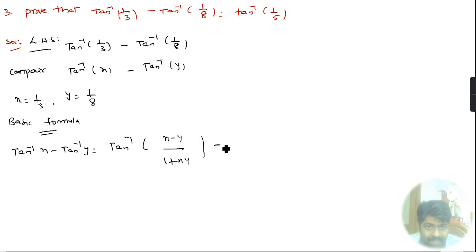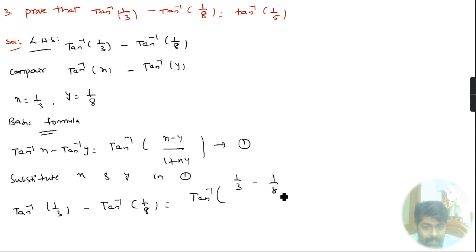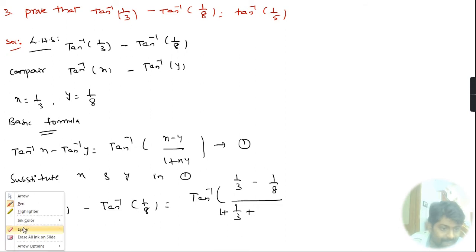So this is taken as 1. Substitute x and y in 1. We get tan inverse of 1 by 3 minus tan inverse of 1 by 8 is equal to tan inverse of 1 by 3 minus 1 by 8 divided by 1 plus 1 by 3 into 1 by 8.